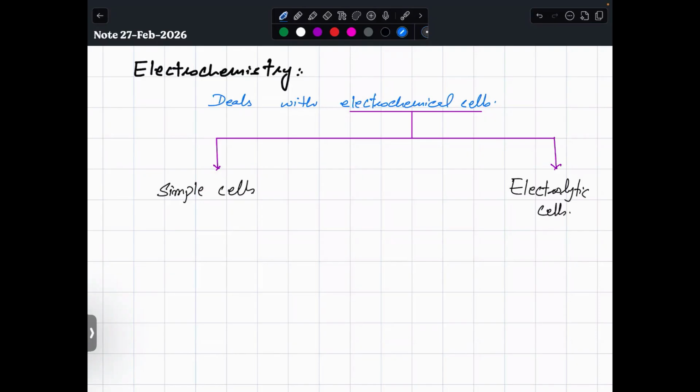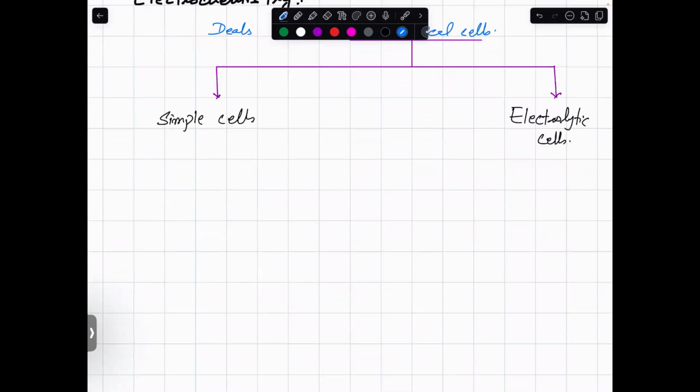Simple cells contain, like we use voltmeters to measure the potential difference of the two electrodes. But in an electrolytic cell, you will see a power source.